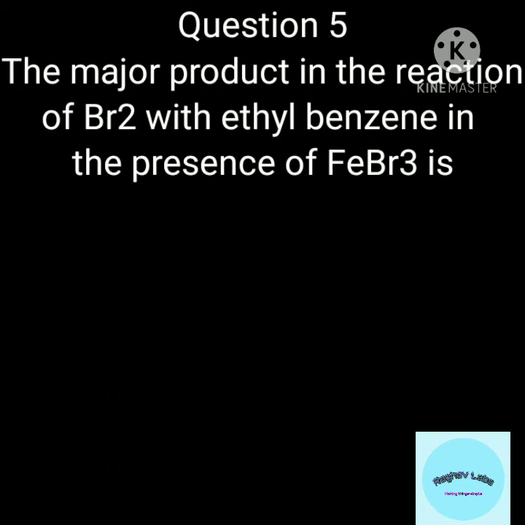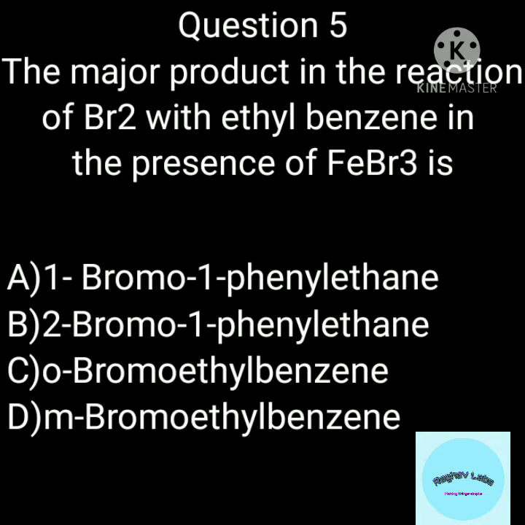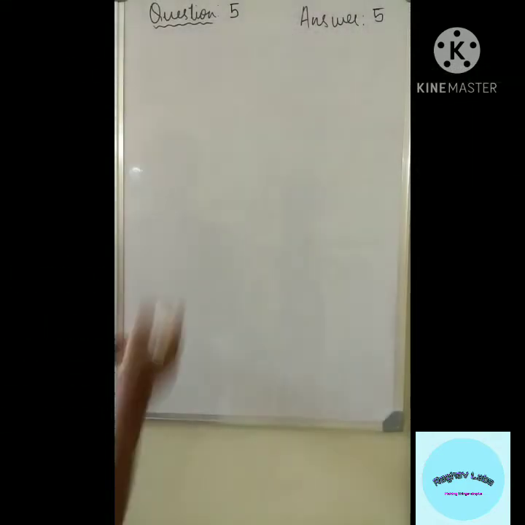The major product in the reaction of Br2 with ethyl benzene in the presence of FeBr3 is, the options are given as follows. So let's take on the first reaction of this chapter.